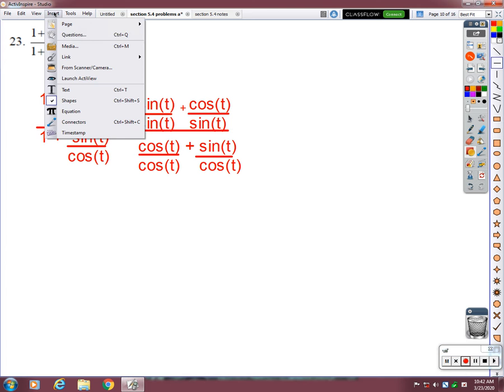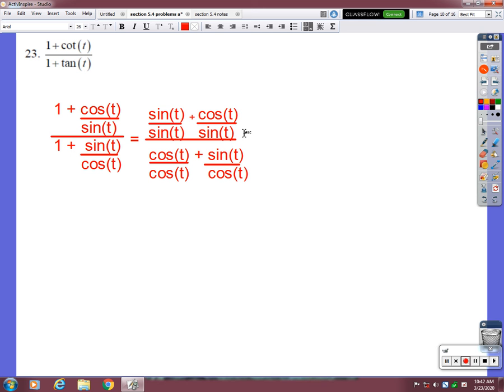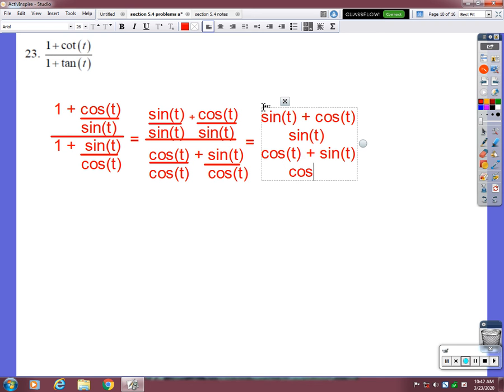Okay, so common denominator on top means that I can now write this as sine of t plus cosine of t all divided by sine of t. And then on the bottom we get cosine of t plus sine of t divided by cosine of t. Okay.